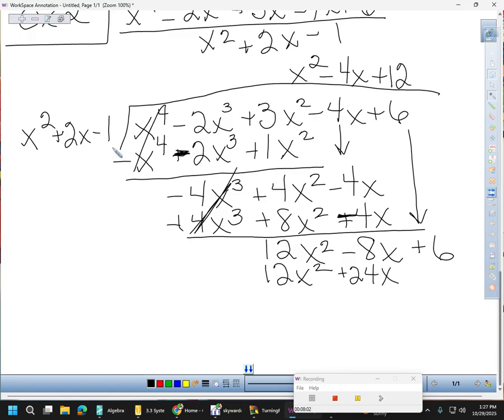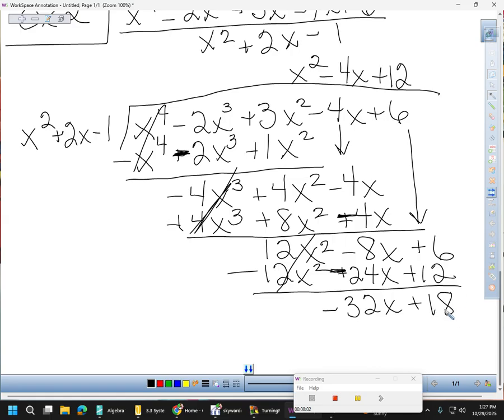And 12 times negative 1 is negative 12. We're going to draw our line and change all of our signs. 12x squared and negative 12x squared cancels out. Negative 8x and negative 24x is negative 32x. 6 plus 12 is 18.